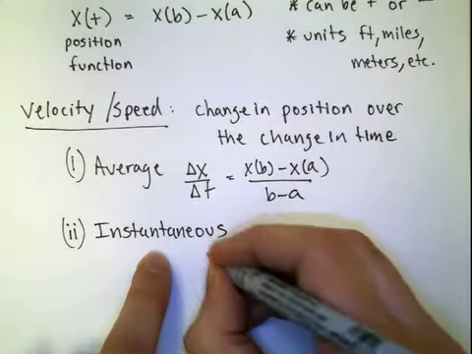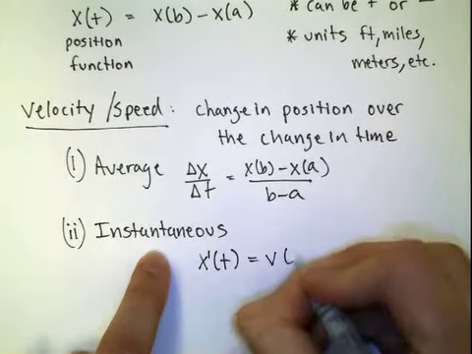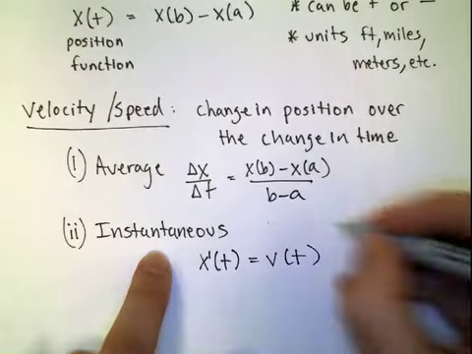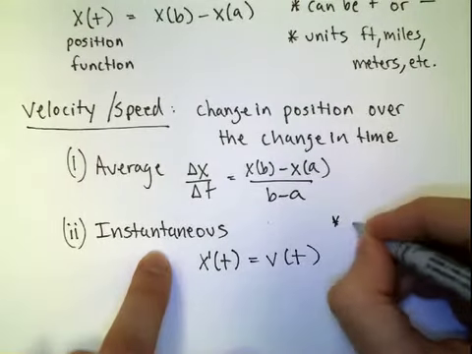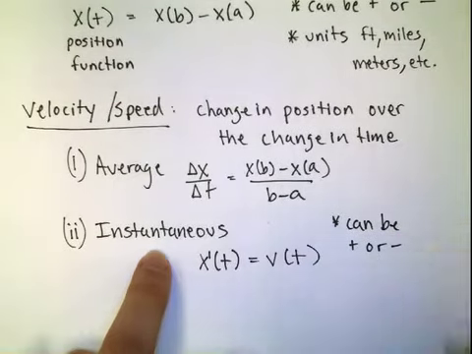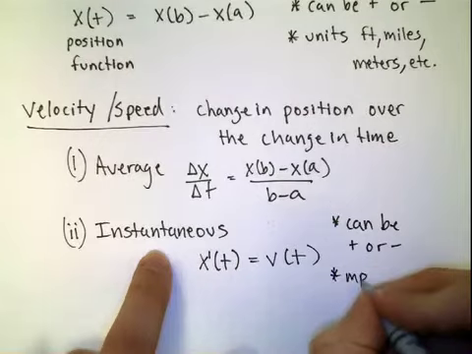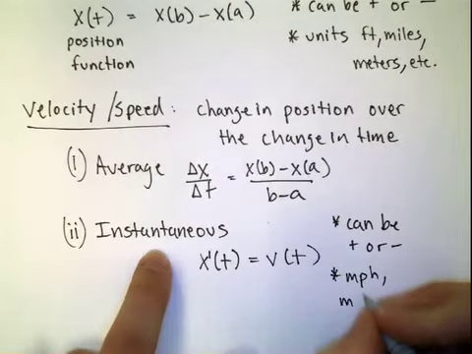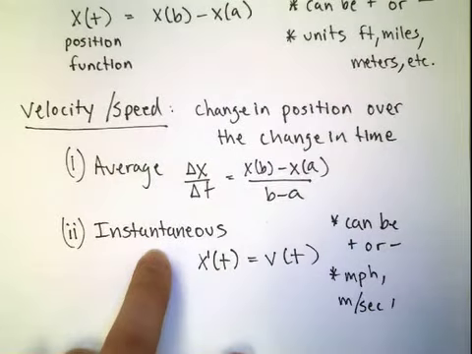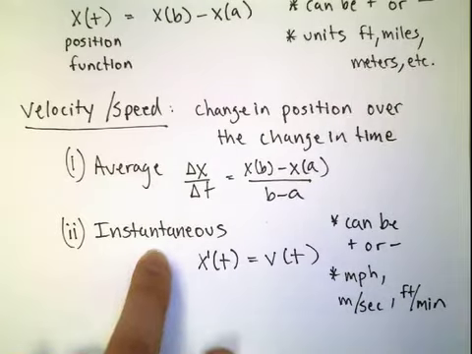That's where you need x prime, the derivative of position, which is equal to velocity, v of t. And of course, you can have positive and negative velocity. The units are things like miles per hour, or meters per second, feet per minute, etc.